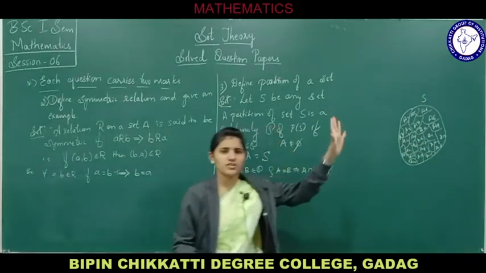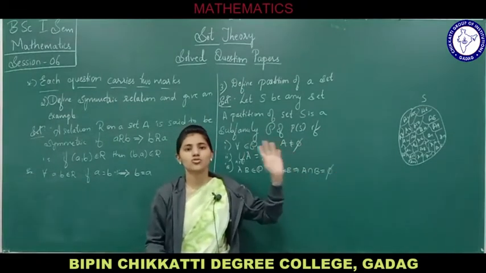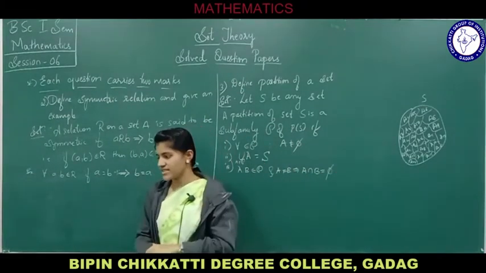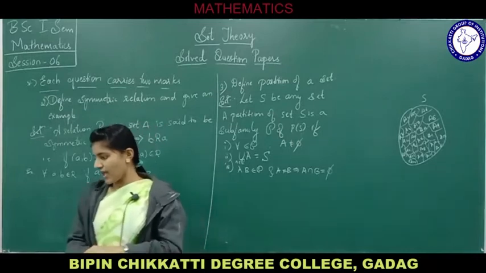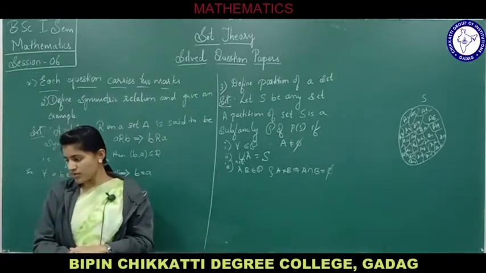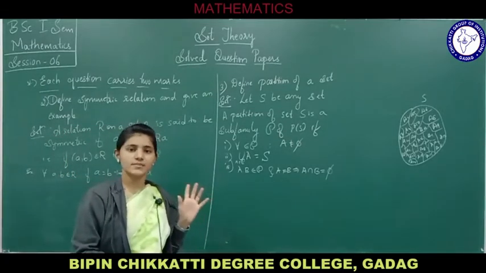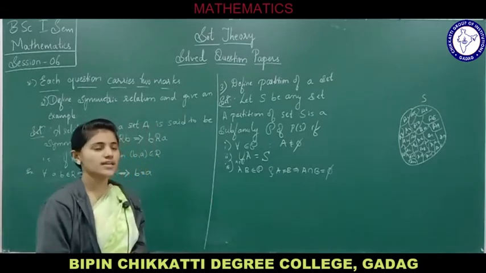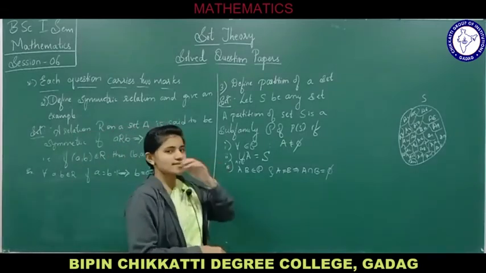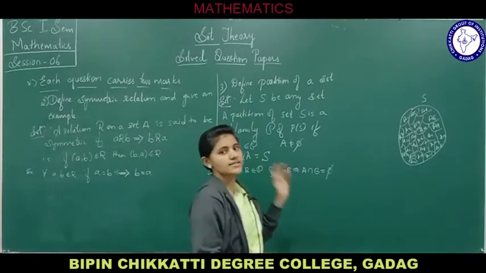It should be non-empty and non-overlapping. Each element should not belong to more than one subset. Then we say that it is a partition of a set.